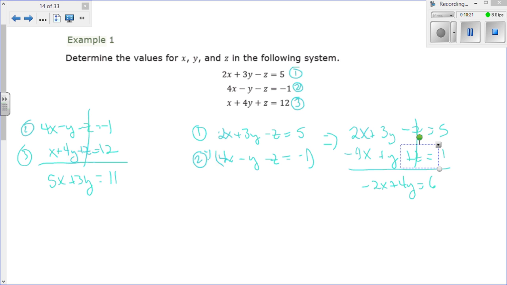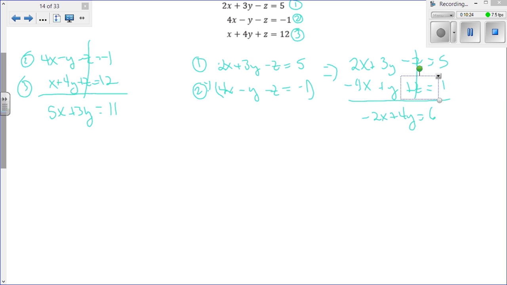So now I've created two more equations with just two unknowns. We'll call this one 4, and this one 5. So I'm going to take 4 and 5 and combine them.